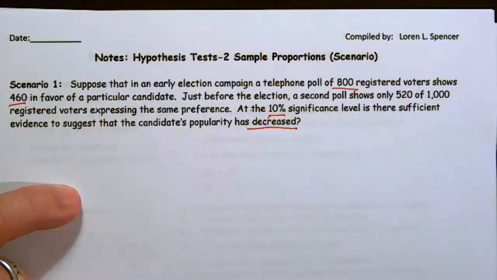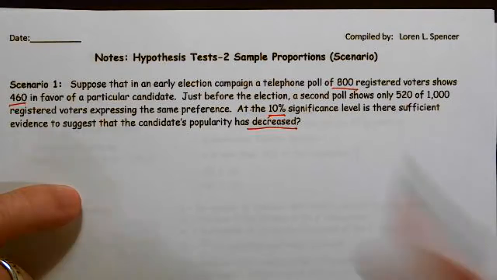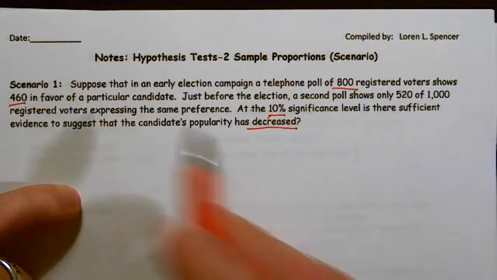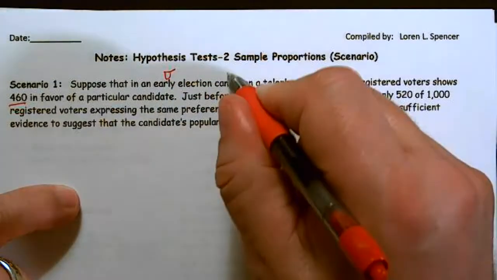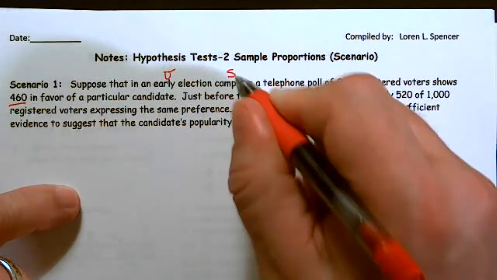First off, we need to determine whether this is a test for means or a test for proportions. Initially it might be a little challenging to see, but I notice it doesn't give me a standard deviation of a population, and it doesn't give me the standard deviation of the sample.